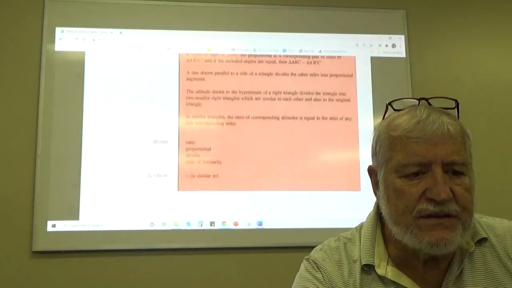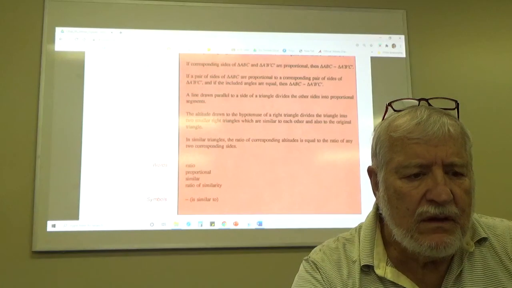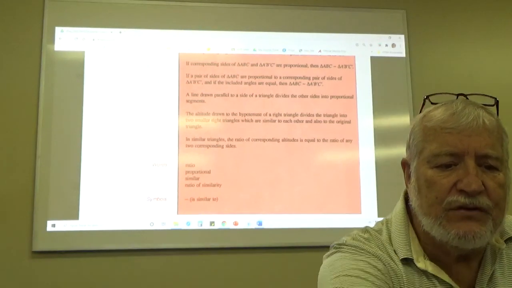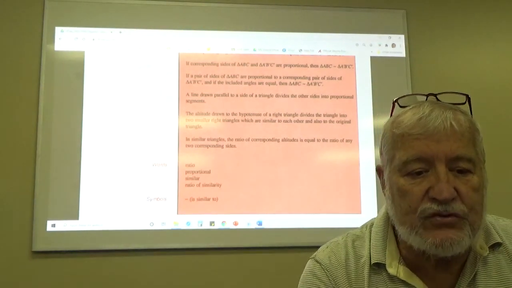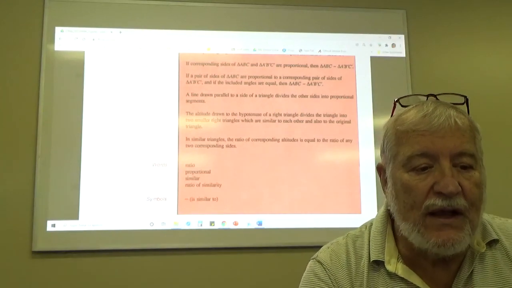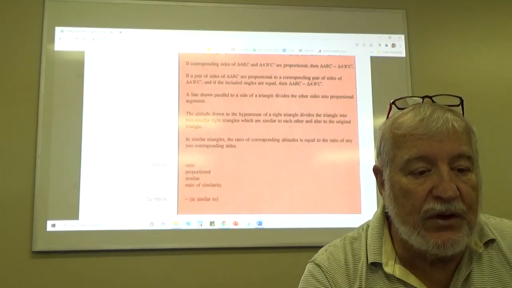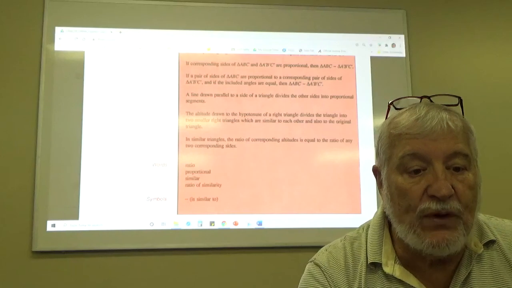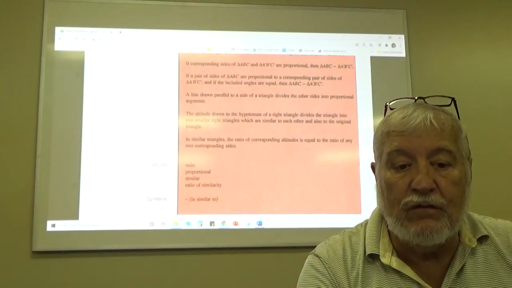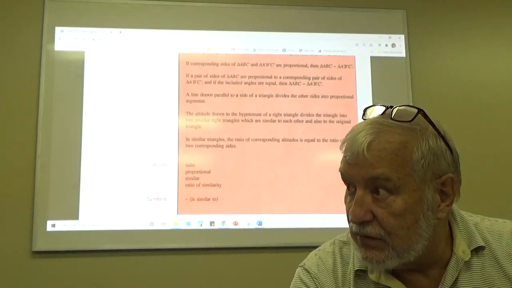And I'm surprised that they don't have the altitude. Here it is. The altitude drawn to the hypotenuse of a right triangle divides the triangle into 2 similar right triangles, which are similar to the overall original triangle.